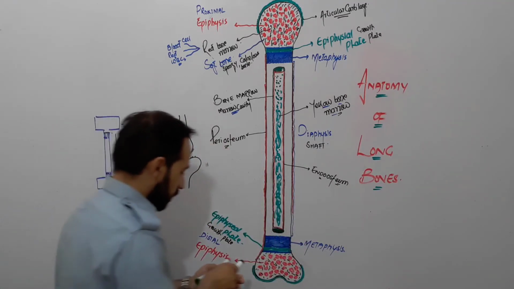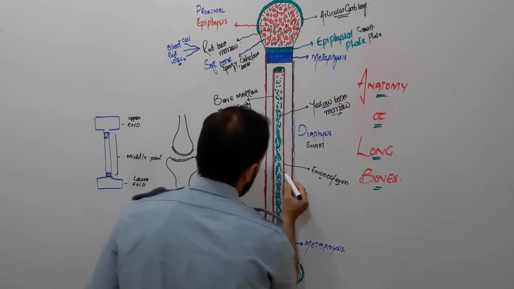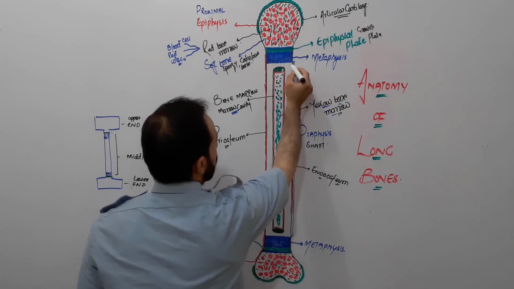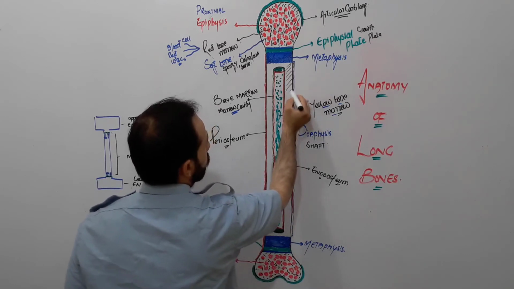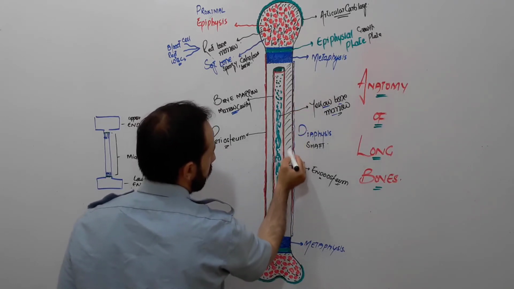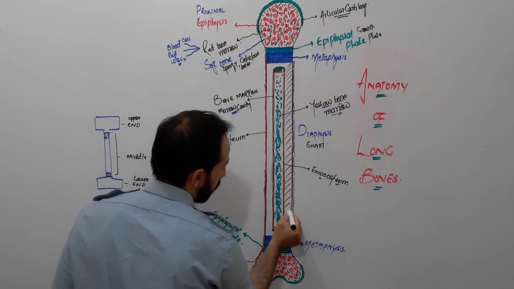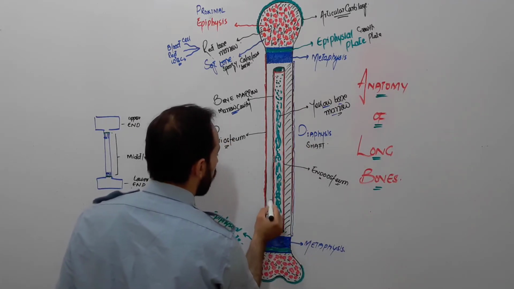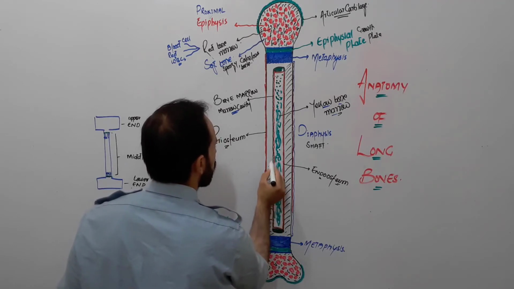The next thing is that in between this, look carefully, endosteum and periosteum, right? There is the bony part of this shaft. There is the bony part of this diaphysis, right? And this is actually your hard bone, right?